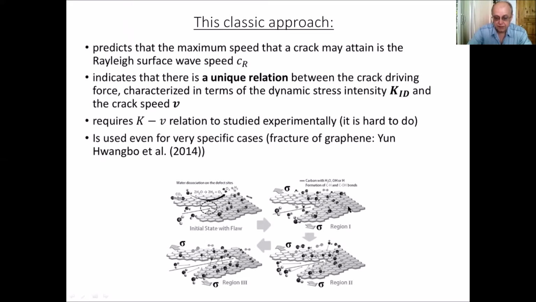Second, it indicates that there is a unique relation between the crack driving force characterized by the stress intensity factor KD and the crack speed V. So there should be a unique KV relation, which is normally considered and ought to be taken from experiments and then incorporated into theoretical modeling or numerical calculations.